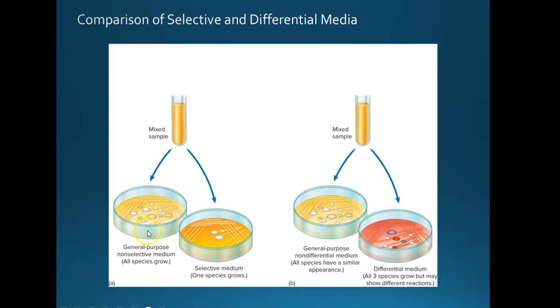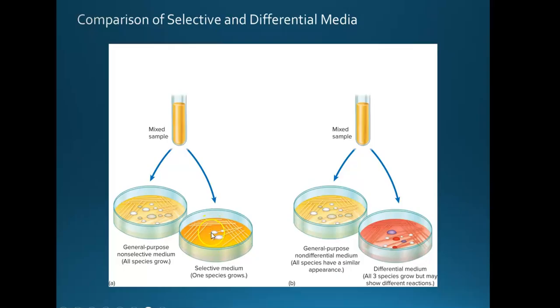If we use a general purpose media, we see that all the microorganisms are growing. If we plate that same inoculum onto a selective media, we're not going to see all the different microorganisms that were in this original sample. Only certain ones will be able to grow.